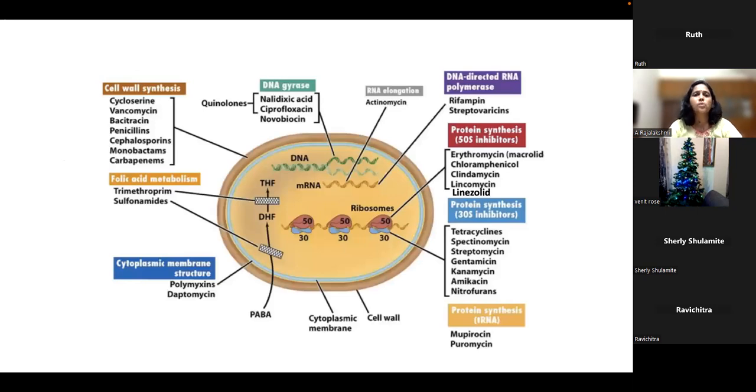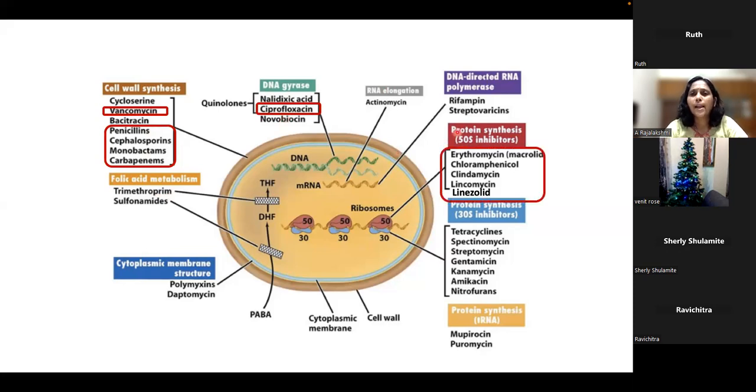So coming to how the drugs act on the bug. There are different mechanisms of action. Some act on cell wall synthesis, for example, vancomycin and the beta-lactams. Some act on DNA gyrase, for example, ciprofloxacin.